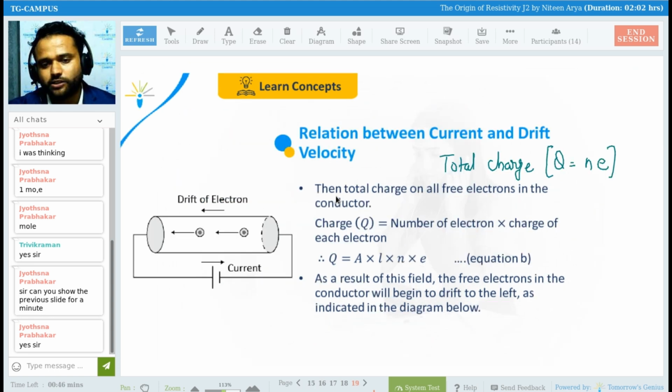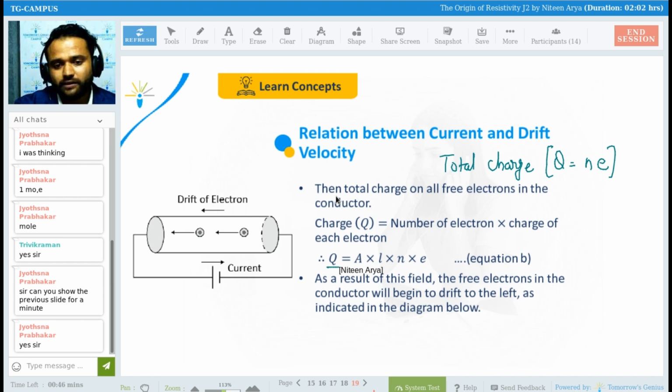Okay, so this is the total charge, Q equals Ne. Charge is the number of electrons into the charge of each electron, and Q equals A into L into n into e, because for the charge on a particular electron we have A, L, n and then e. So this is your total charge, which we get from the previous chapter.